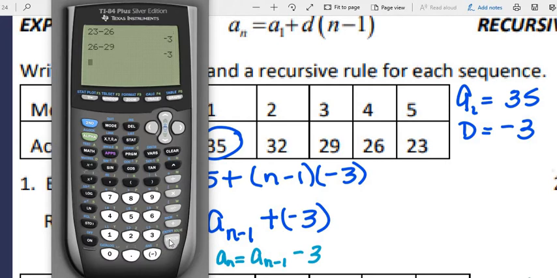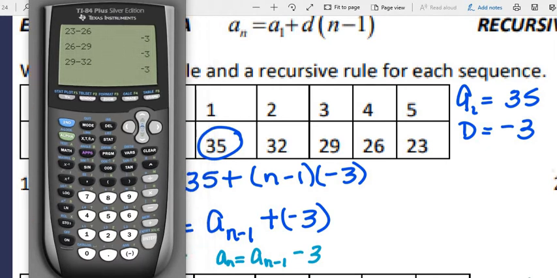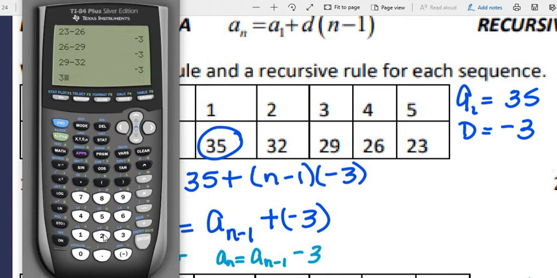And I come up with a negative 3. 29 minus 32, and I come up with a negative 3, and then I'm going to take the 32 minus 35, and I just see that this right here is my common difference. It is a negative 3 all the way across.